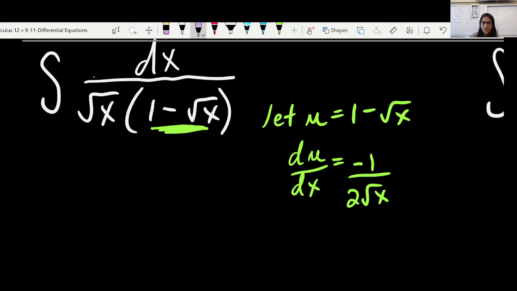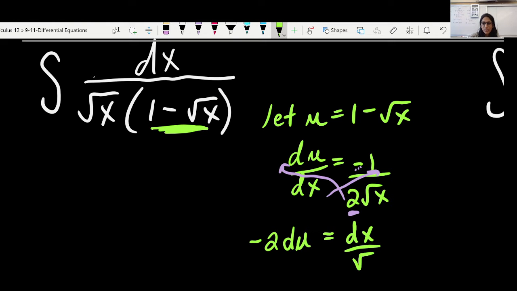We're going to take this negative and also this 2 here, and we're going to cross multiply that up here, and we're going to move the dx up there. So what we end up getting is, actually I'm going to make it negative, negative 2 du equals dx over root x.